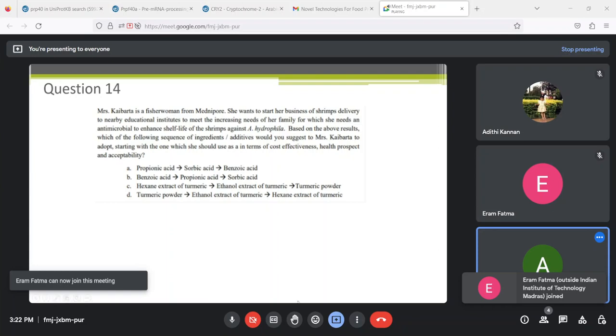So in this case you have propionic acid, sorbic acid and benzoic acid coming into the picture, or you have hexane extract of turmeric, ethanol extract of turmeric and turmeric powder. Based on cost effectiveness, since she is a fisherwoman, which one should be more preferable for her to start with at least?